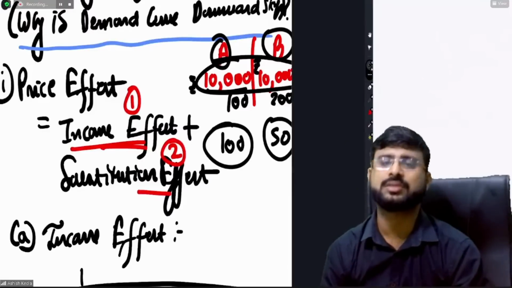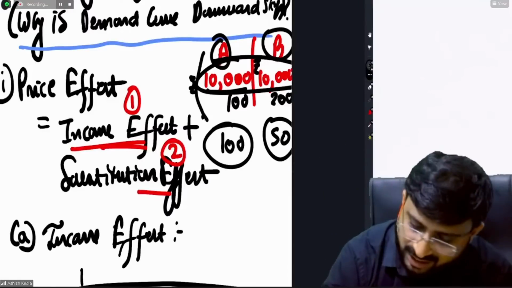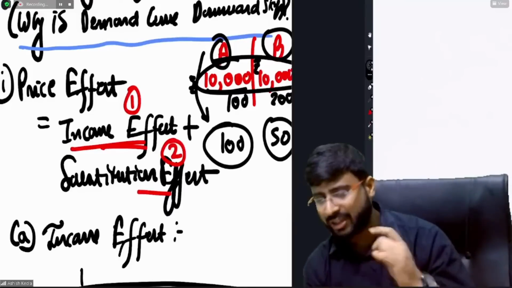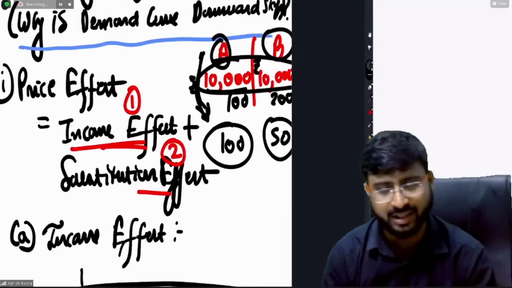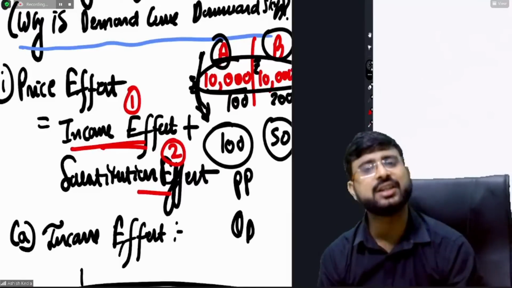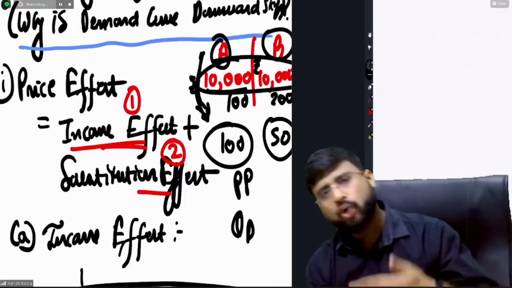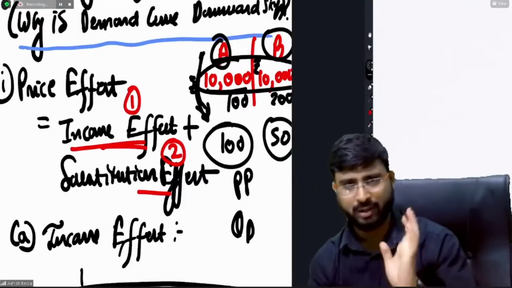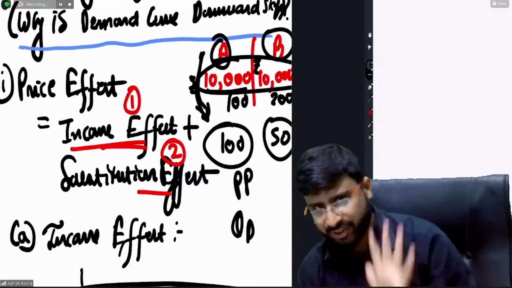Yes, sir, it is. Since Mr. A has a higher real income, they have a higher purchasing power, so they can buy more quantity. So we can say, more the real income, more the quantity demanded.